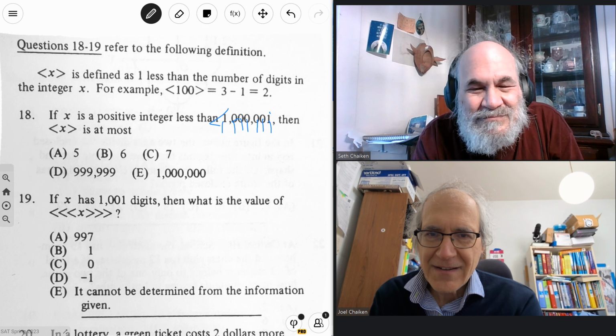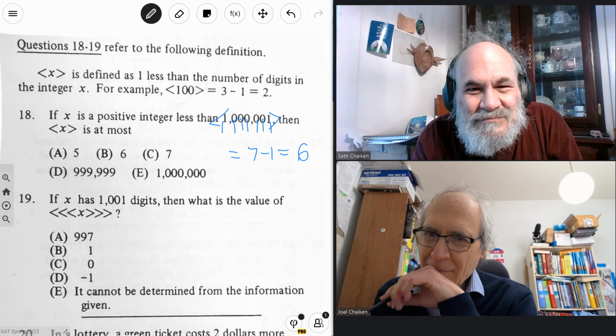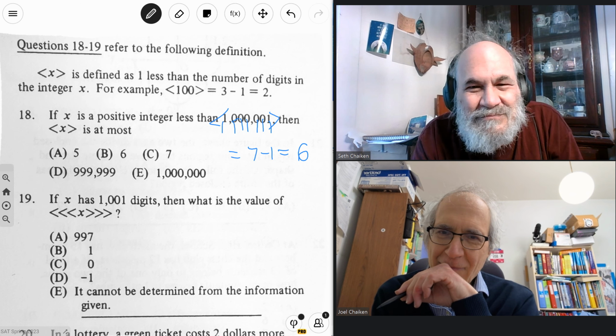So, bracket this thing is 7 minus 1, which would make it 6. I don't know. Is there something else to this problem? Or is it that straightforward?